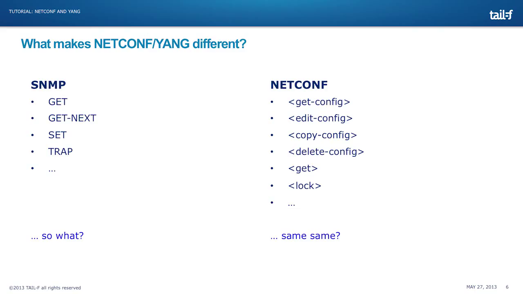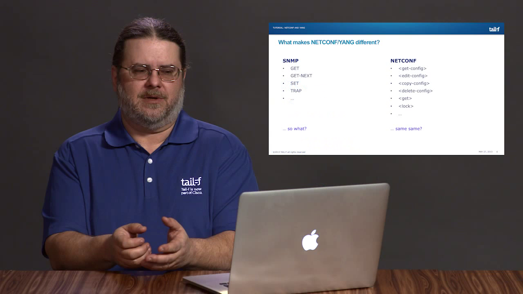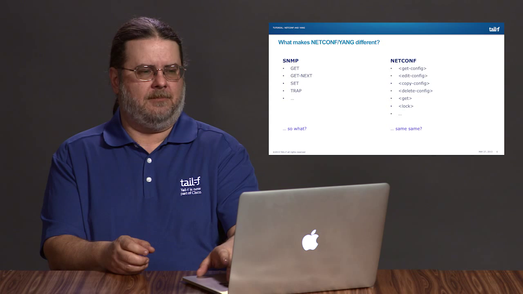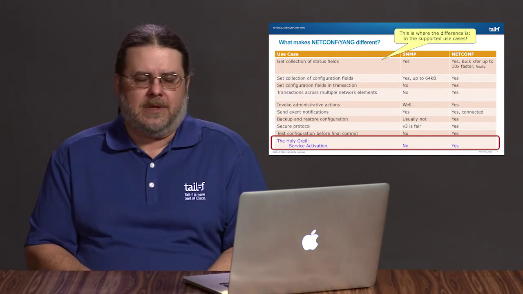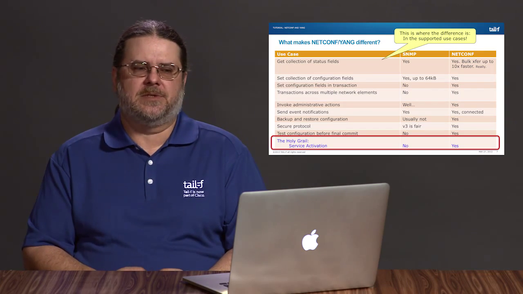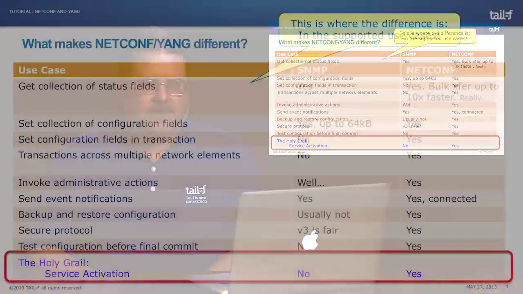With NETCONF, we can get configuration, edit configuration, delete it, get, lock. So, so what? Are these just really the same? No, not really. The difference here is the supported use cases.